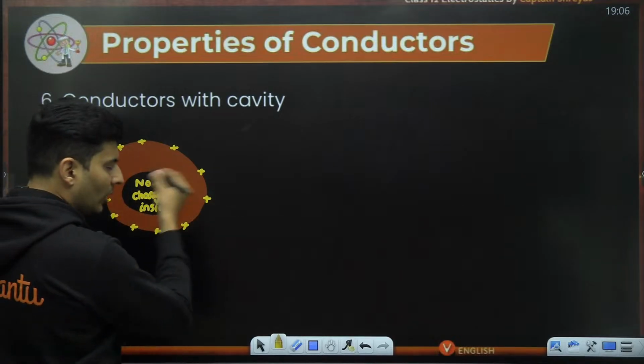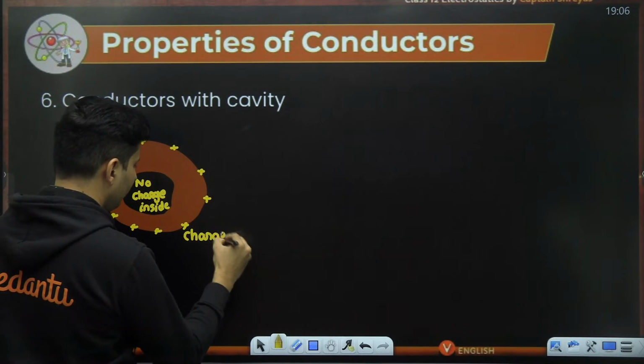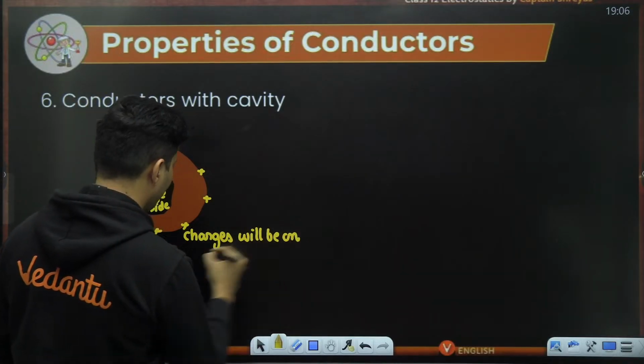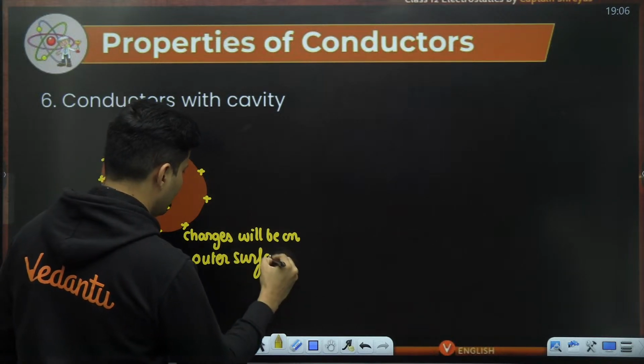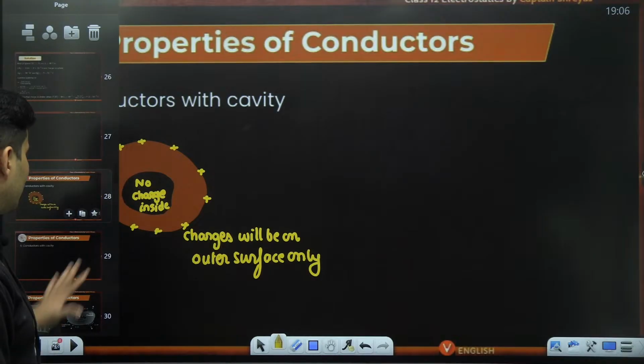The charges, if at all, on the conductor, will be on the outer surface only. This is when there is no charge inside.